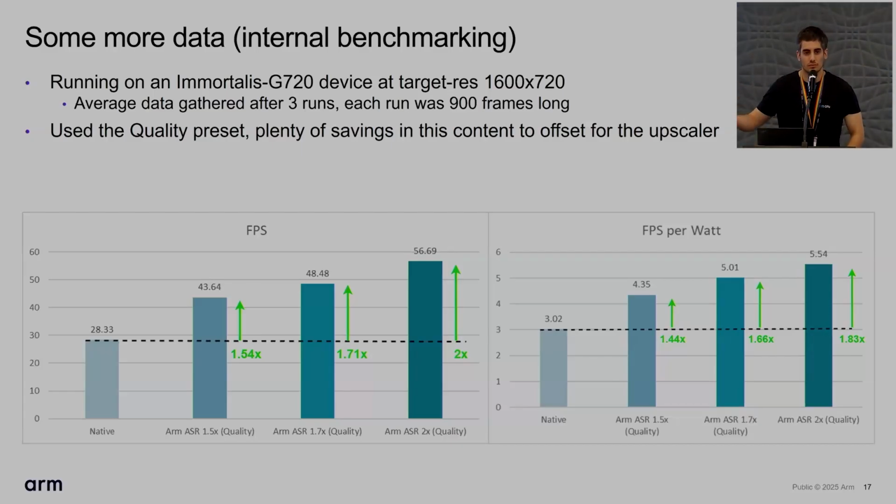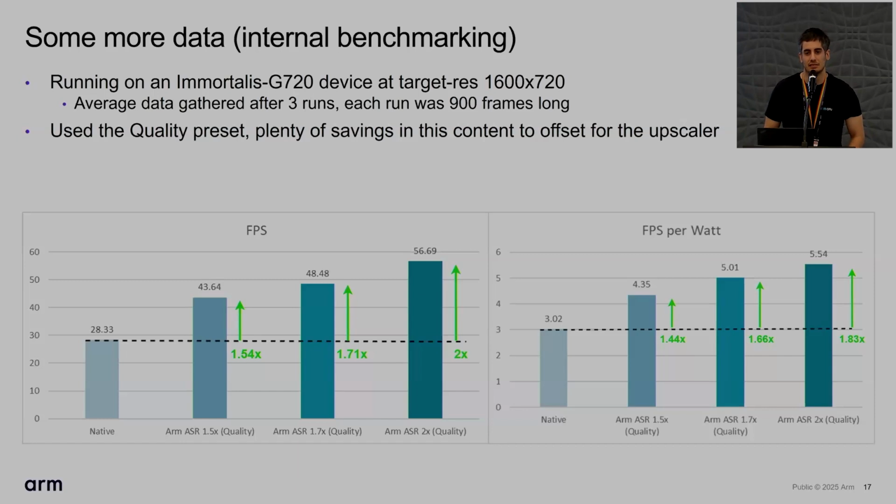And these are some performance data from this demo, different runs. So we were using a target resolution of 720p. And yeah, in this particular run, since the content was high-end already, we didn't even try the other quality presets. I just gave it a go with the quality one, and I could easily get 2x performance uplift in this particular environment.